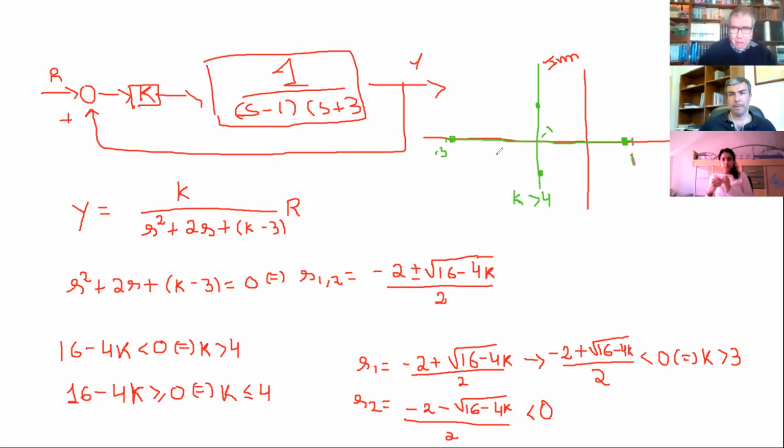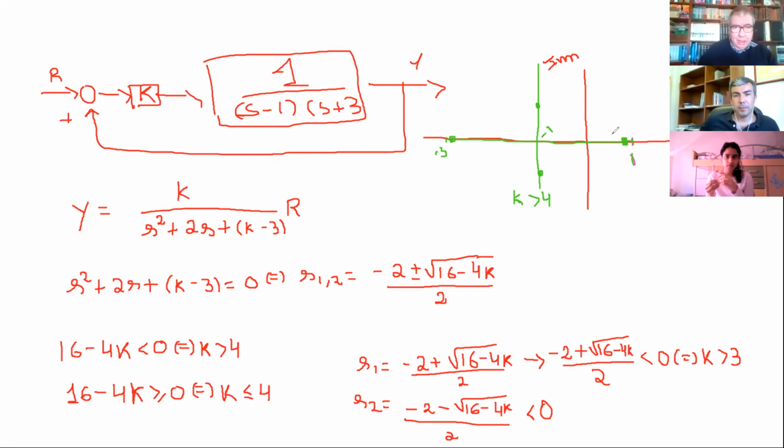So the imaginary part is 0, so I would say no. Okay, the imaginary part is zero, so you don't have any oscillation. Do you go to zero? No, because we have this one over here, which is positive, and goes to infinity. So you go on increasing the gain, and there is a situation in which both poles are negative.